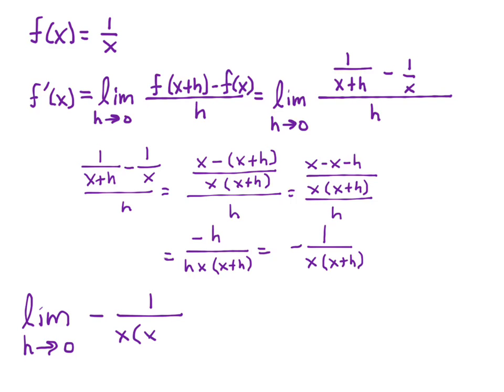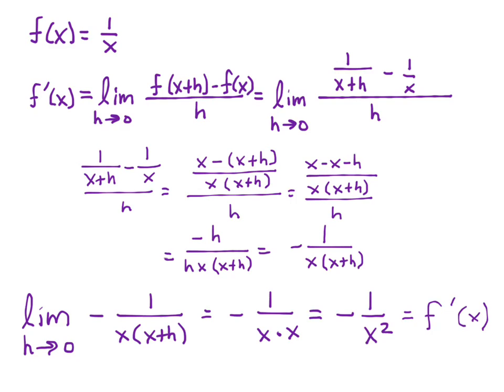And so what I get now is, I'll start from up here. Here's just a basic definition that involves f. Now I make my substitution where I have 1 over x plus h minus 1 over x, all divided by h.